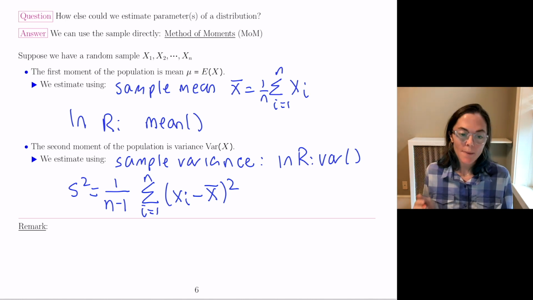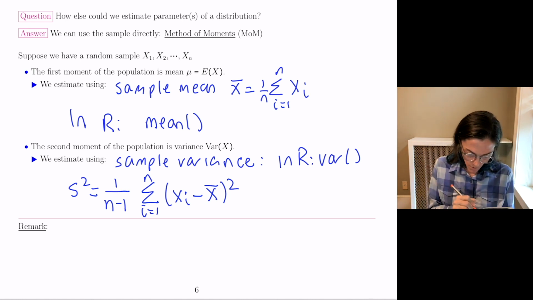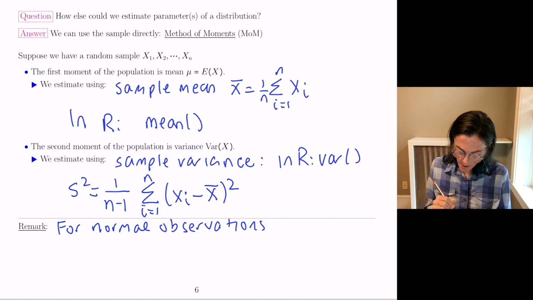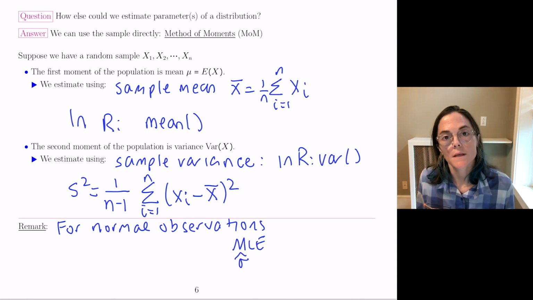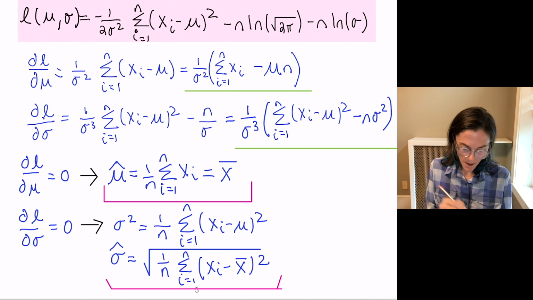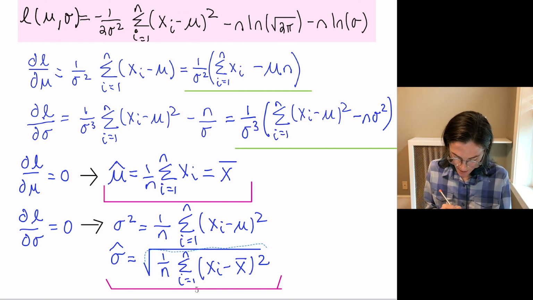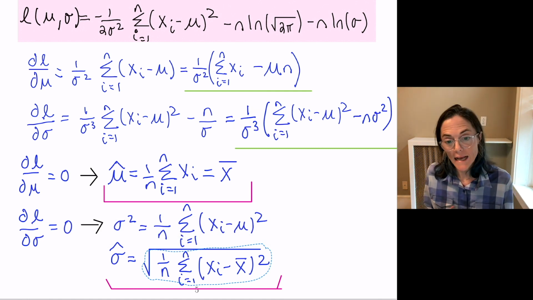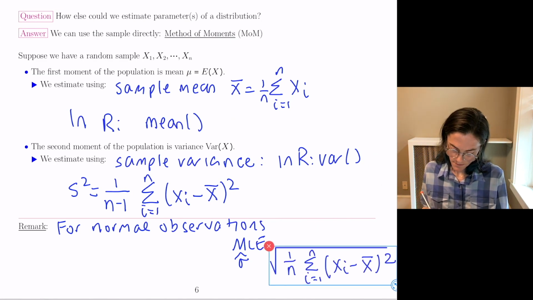Now I'd like to make a remark. So it's kind of interesting. For normal observations, you see we had this MLE estimator for the standard deviation, which we can just go back, copy and paste. But you notice what we see in this formula. It has a 1 over n.